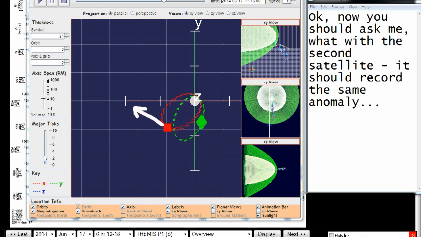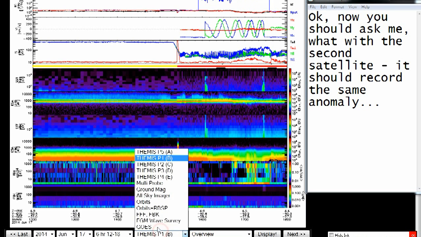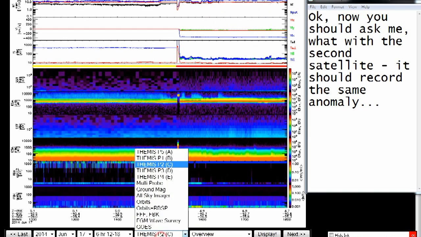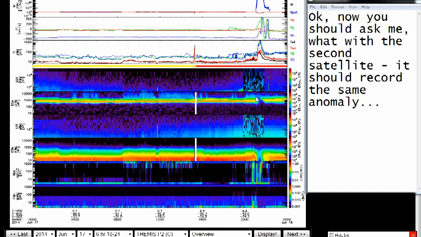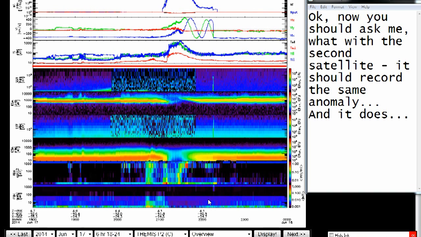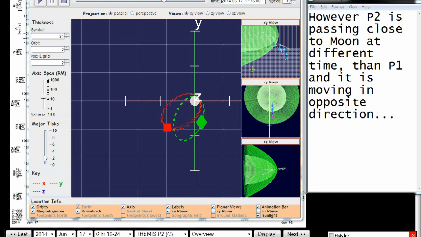Okay, now you should ask me about the second satellite. It should record the same anomaly. And it does. However, P2 is passing close to the Moon at a different time than P1, and it is moving in the opposite direction.